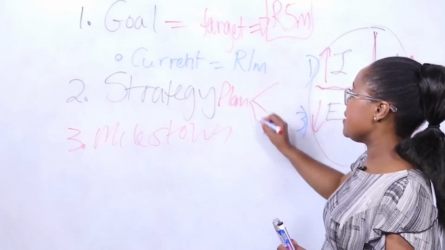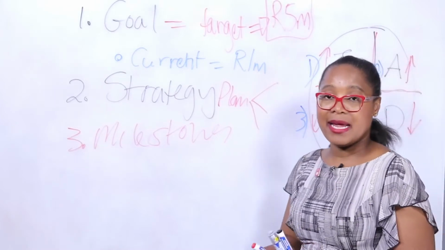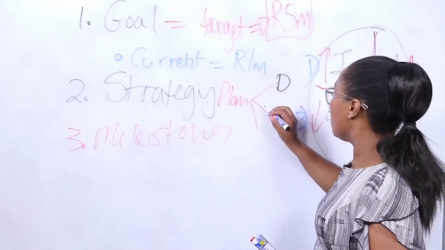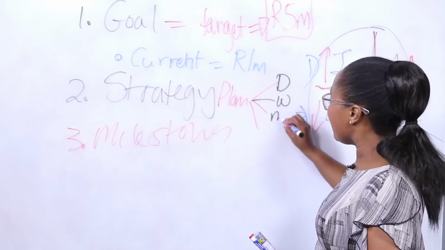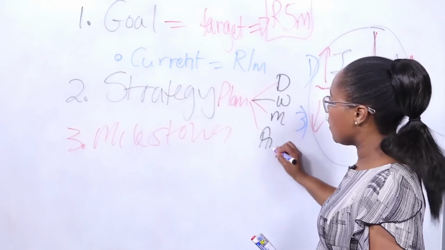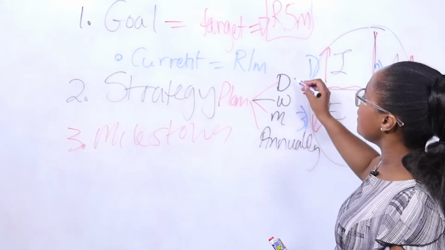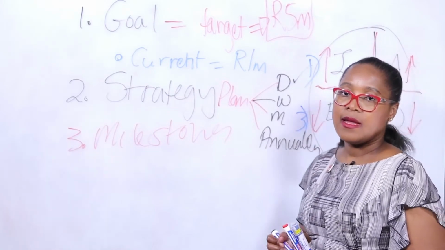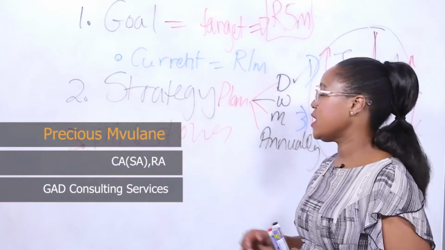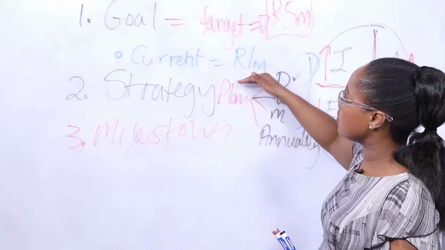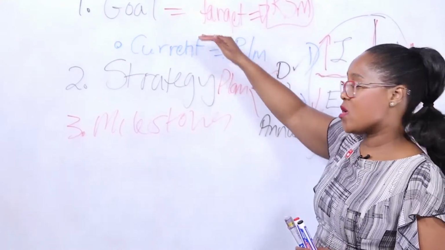And please, entrepreneurs, make sure your plan is set up on a daily, weekly, monthly, and also annual basis. Make sure that you focus on daily, having a specific routine and activities that you are doing towards executing that goal.